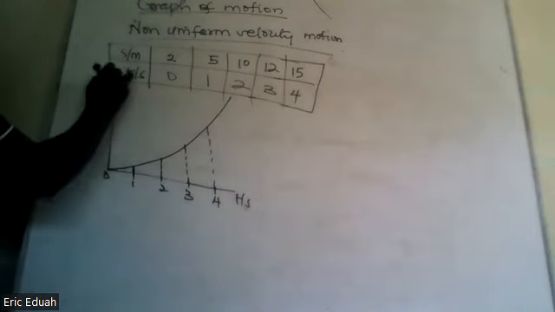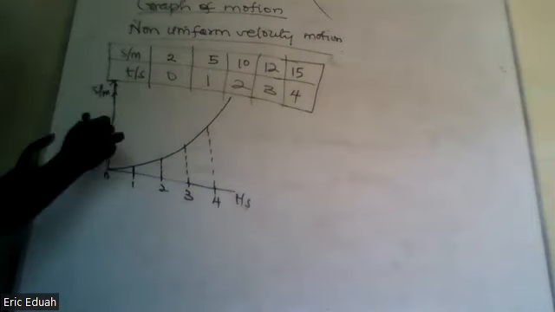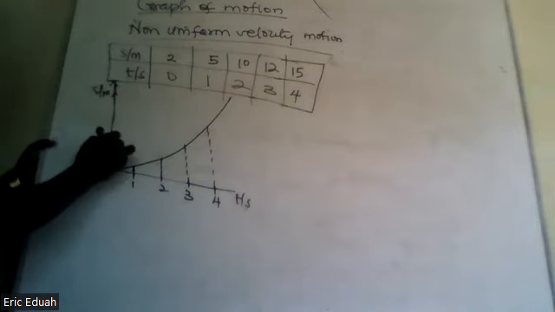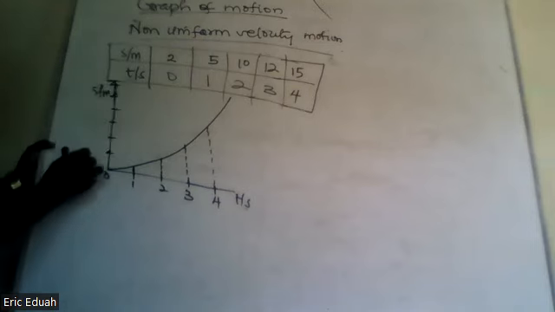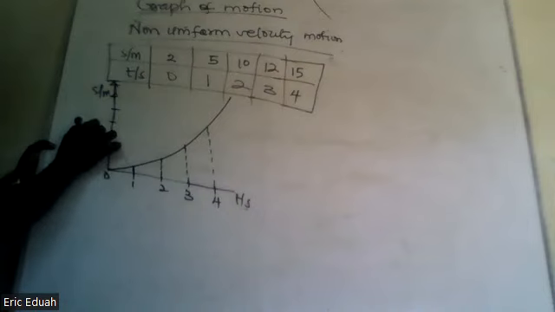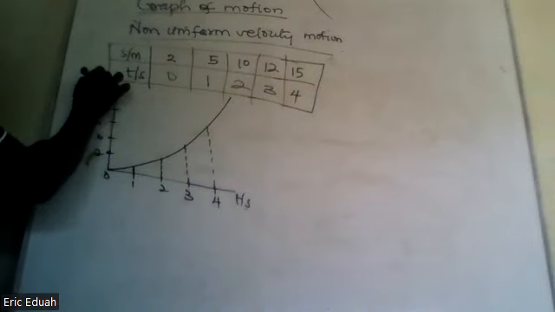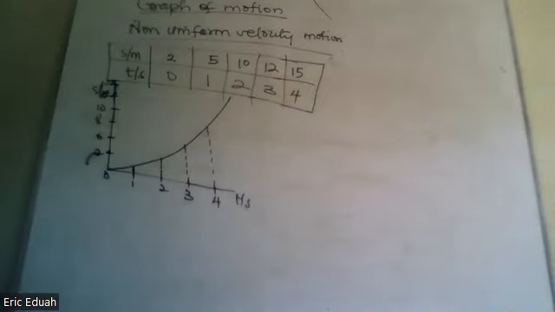These values of displacement are measured. I'm just guessing. So 1, 2, 3, 4, 5, 6. Okay, let's assume this is 5. Or 2, 6, 8, 10, 12, 14. When I plot, you will see the curve because it's not a straight line.